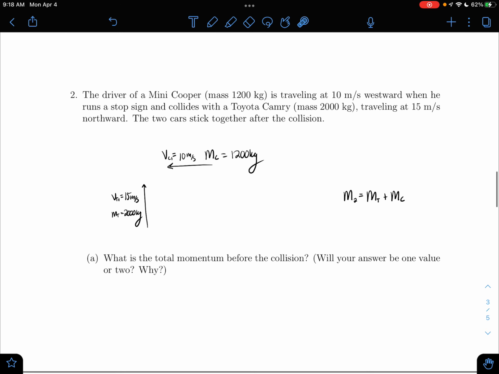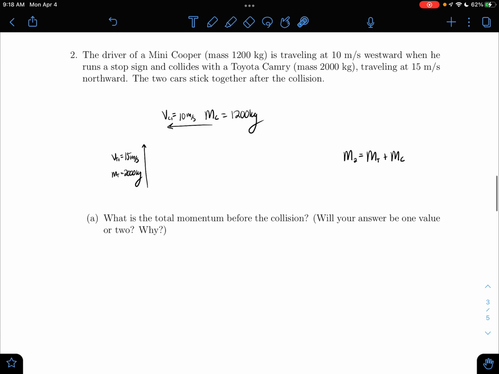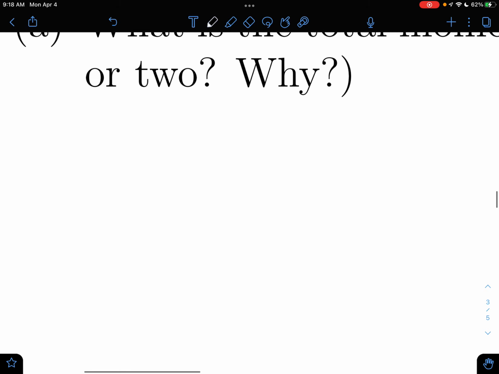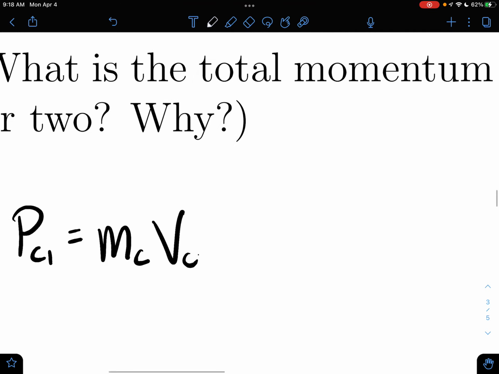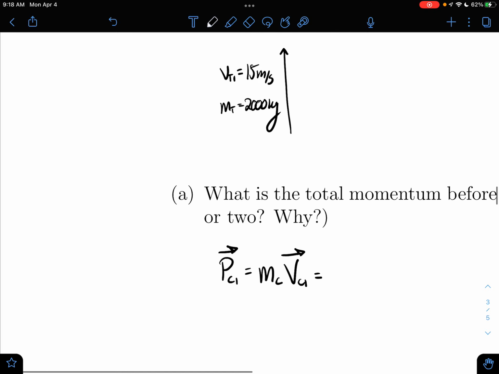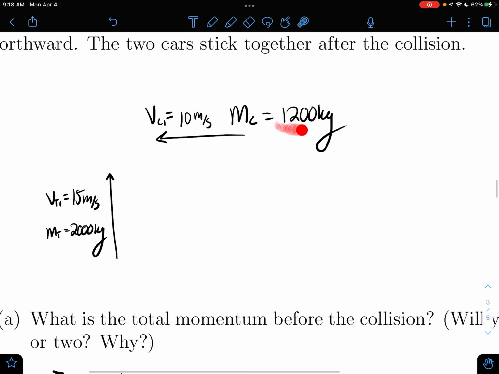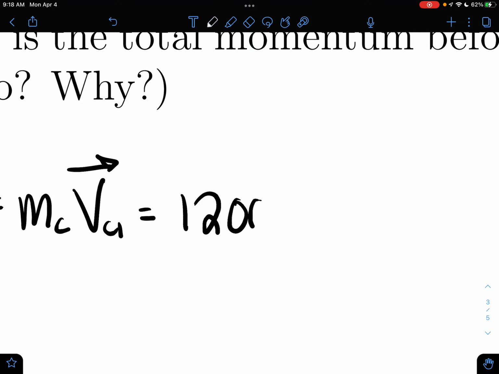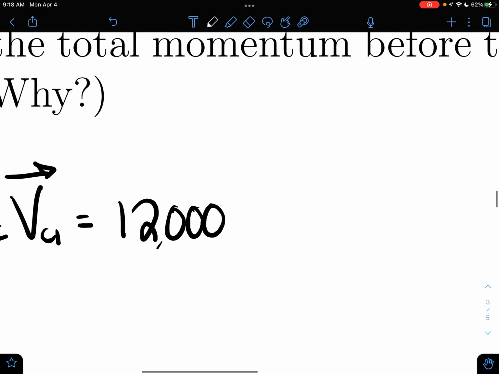So now we get to think about our total momentum before and after. So let's start with our total momentum before the collision. Our momentum of our Mini Cooper initially is going to be our mass times our velocity of that Mini Cooper. Again, remembering that this is a vector and this is a vector, it's going to have a direction. So if we have our 12,000 times our 10, that's going to give us 12,000 kilogram meters per second.